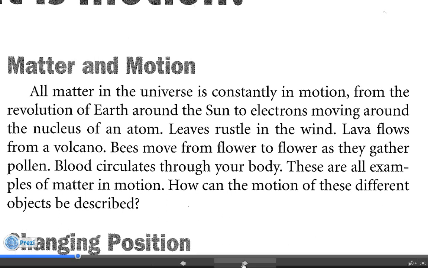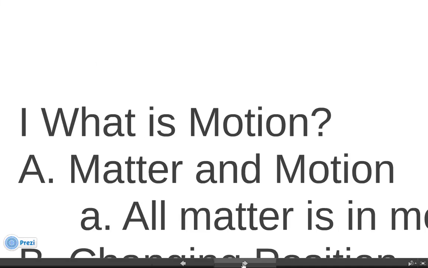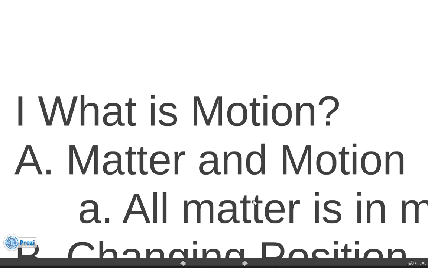Let's look at our notes. Notice that we're going to have Roman numeral 1 for our big red heading, what is motion? We have capital letter A because we have a blue heading, matter and motion. Now, we do not have a level here because there is no little red heading.